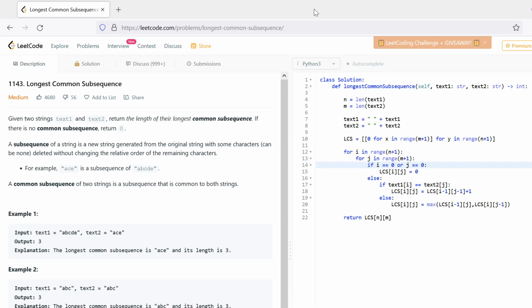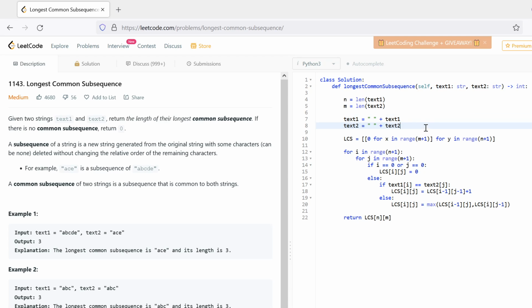So here's my source code, which is very similar to the pseudocode itself. I set n and m to be the length of the two input strings text1 and text2.